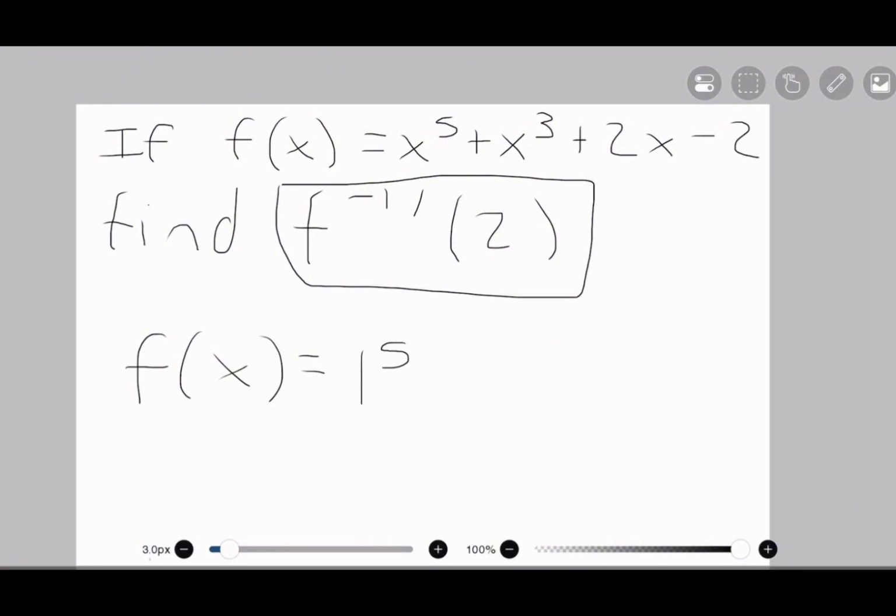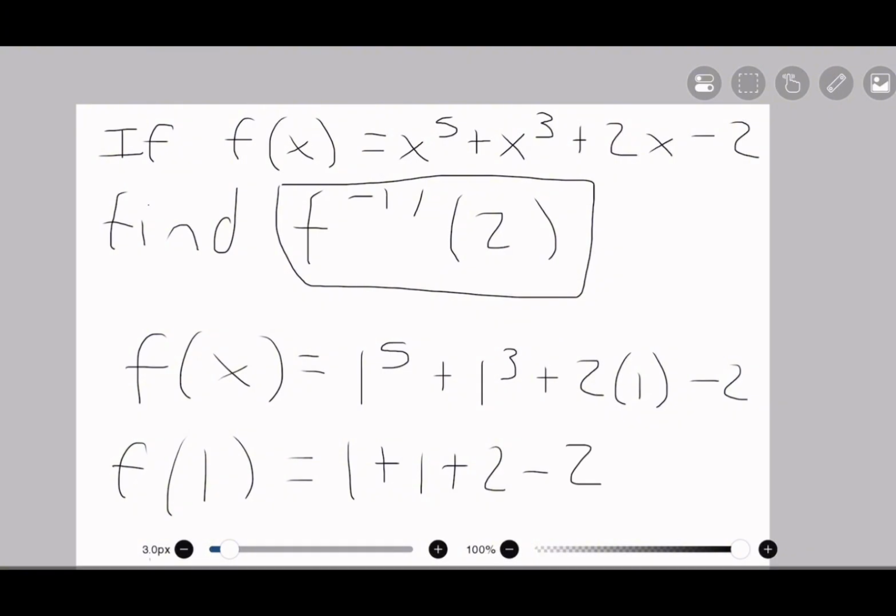So if you plug in 1, 1 to the 5th plus 1 to the 3rd plus 2 times 1 minus 2, the function f of 1 will give you 1 plus 1 plus 2 minus 2, which is going to cancel out, giving you 2.